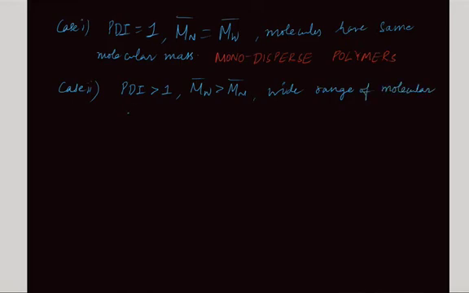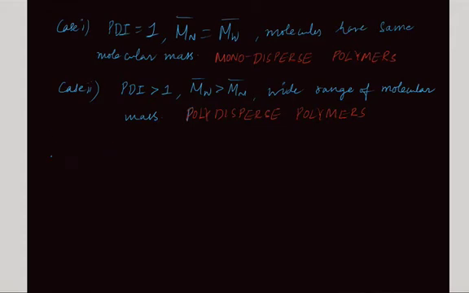These kind of polymers are known as polydisperse polymers. Okay, these are the two important terms.